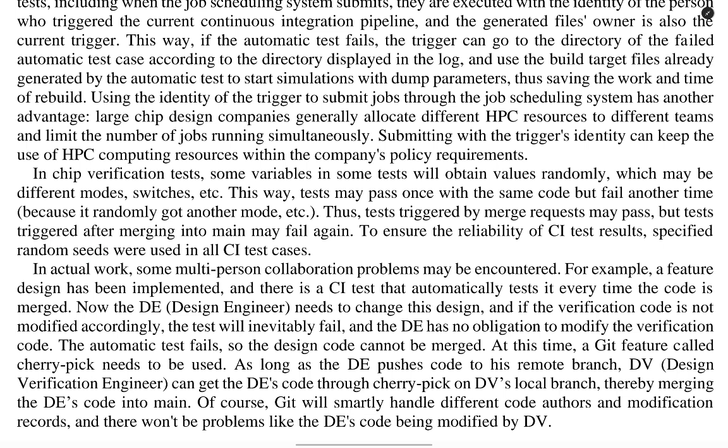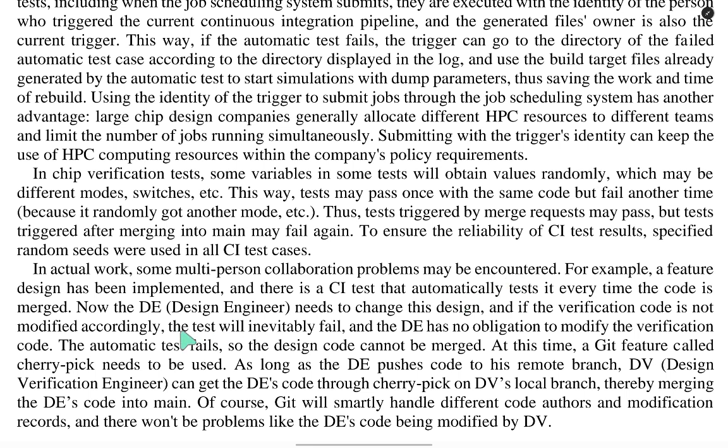So in actual work, some multi-person collaboration problems may be encountered. For example, a feature design has been implemented and there is a CI test that automatically tests it every time the code is merged.